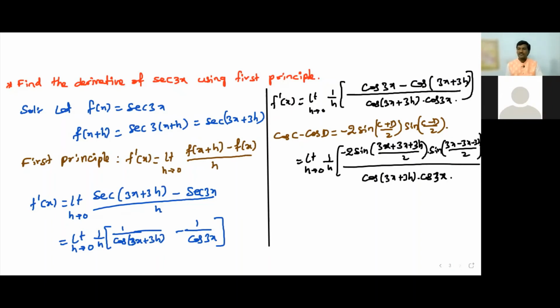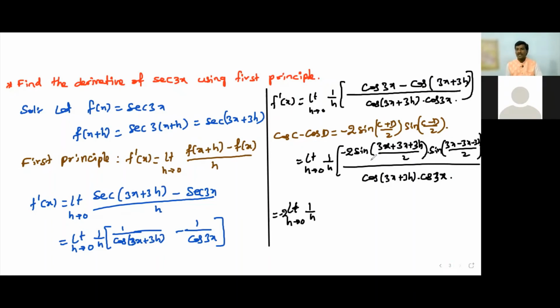So this is equal to limit h tends to 0, 1 by h written outside, and here minus 2 is a coefficient, we can write the minus 2 outside.